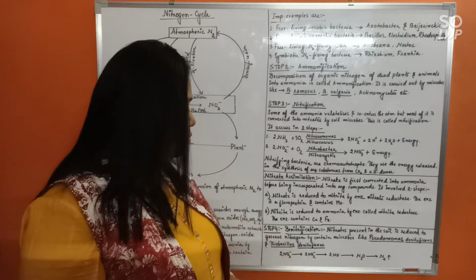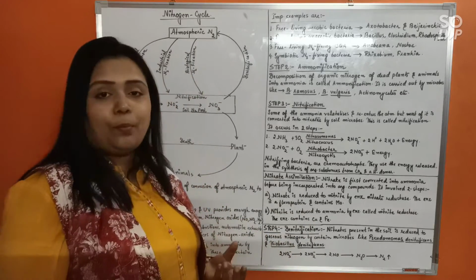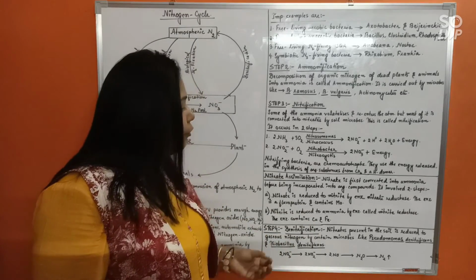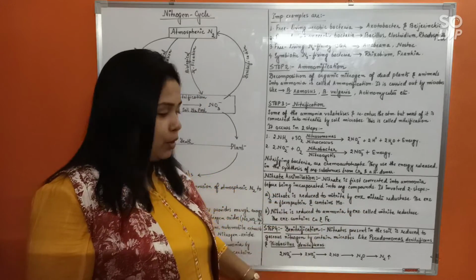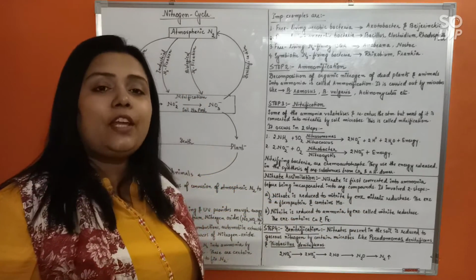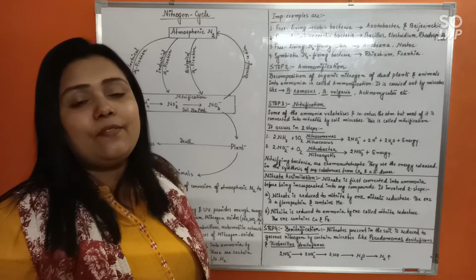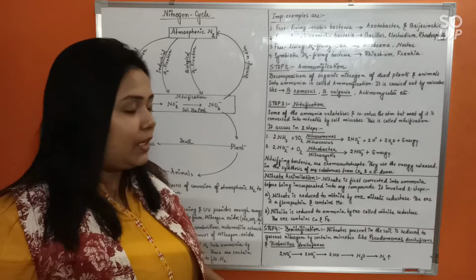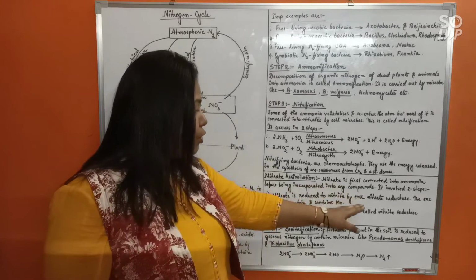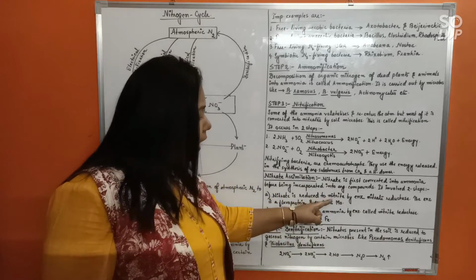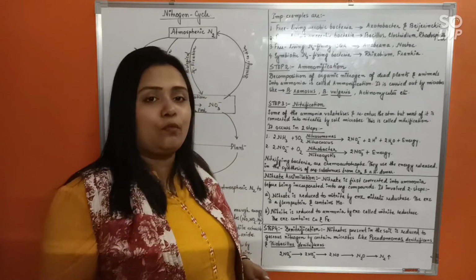Now, for this second step, one very crucial fact you should remember: for reduction of nitrite into ammonia, ferredoxin is required. And ferredoxin is only present in the leaves of the plant. So what is going to happen? In the first step, when nitrate is converted to nitrite, this nitrite is translocated into the leaves of the plant.